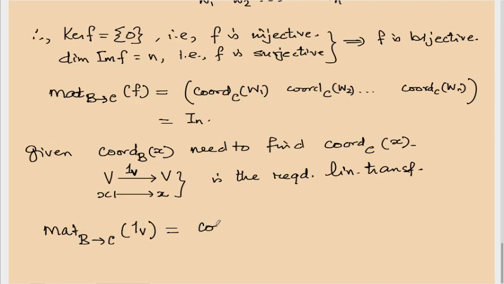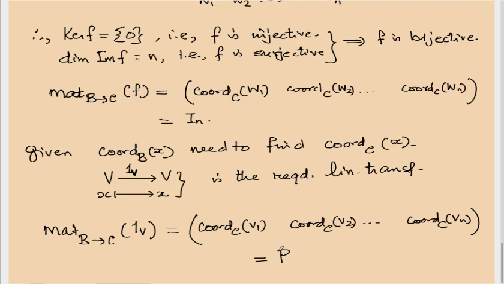So this is coordinates in C of v1, coordinates in C of v2, and so on. This is an n cross n matrix, and this is often denoted instead by the symbol P B to C. It is called the change of basis matrix.